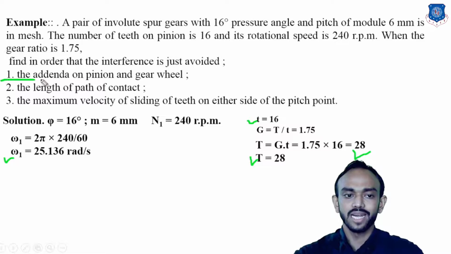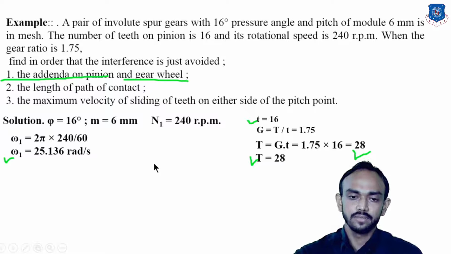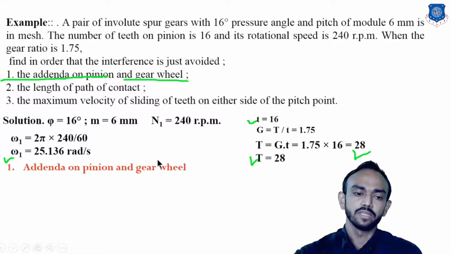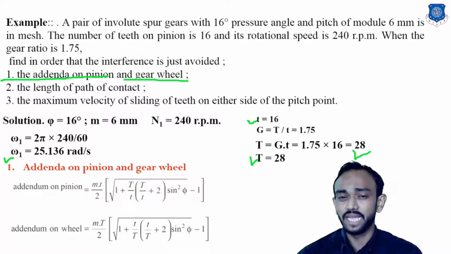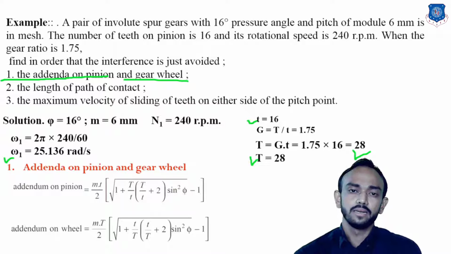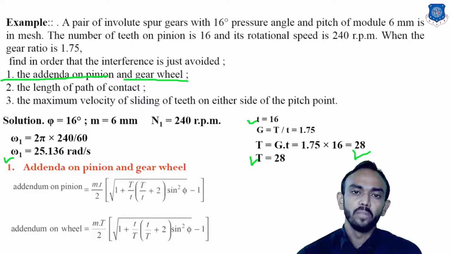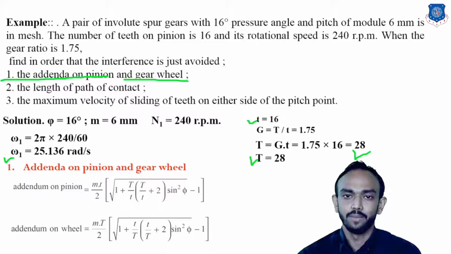Now we are going to find the addendum for the pinion and gear. For that I will use these two equations. Check this out: the addendum of the pinion is equal to m t by 2. We have already seen this equation once during the derivation of the minimum number of teeth, but I will revise again how it is useful in this example.